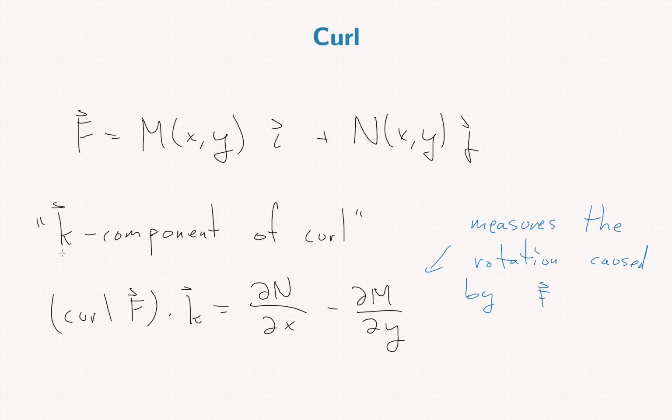Now, as the name suggests, this is only a shadow of a more general concept of curl, which can be defined for vector fields in 3 dimensions. So that's what we'll study in this section.